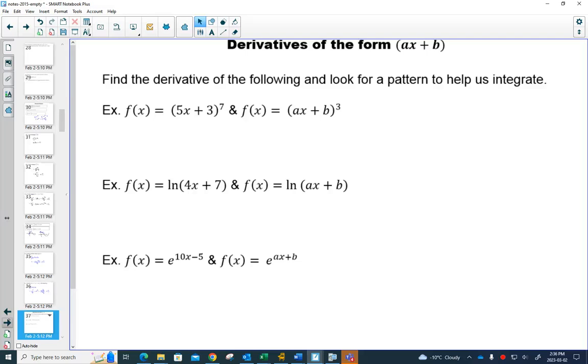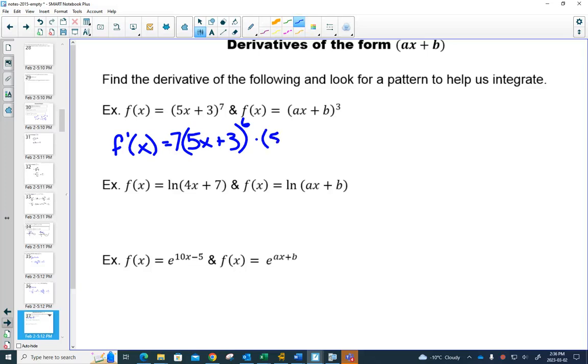If we think about our simple derivatives, and we want to find the derivative of each of these, we would notice the following. It's a chain rule, so my derivative would be the 7 would come out in front, keep the inside the same, and then the derivative of the inside would just be 5.